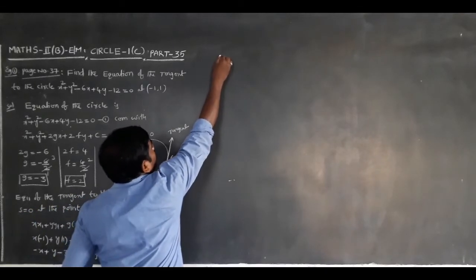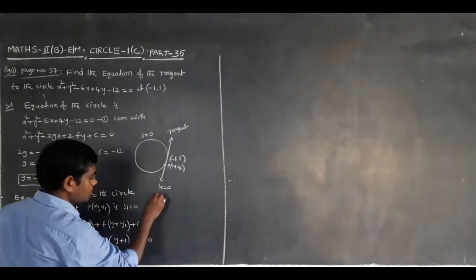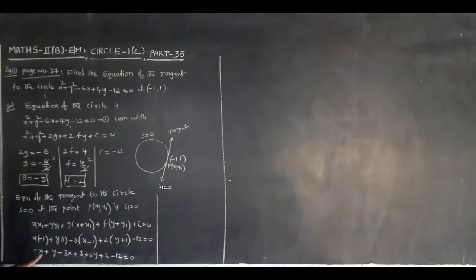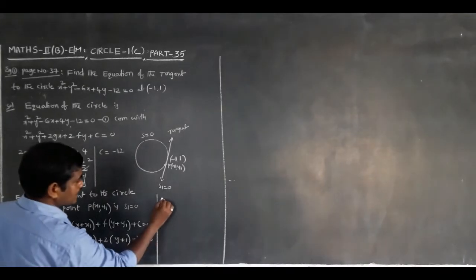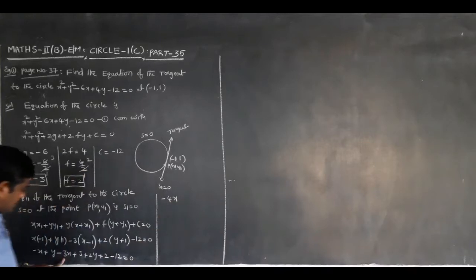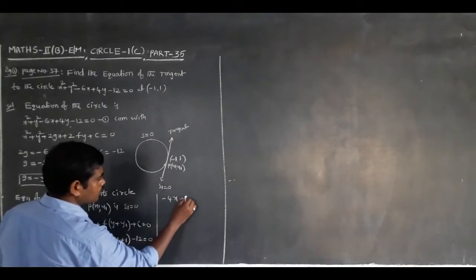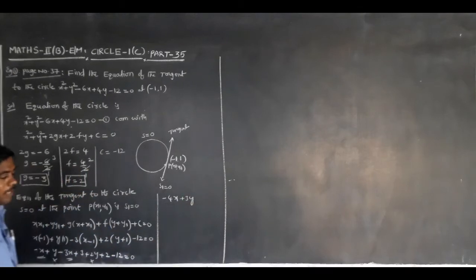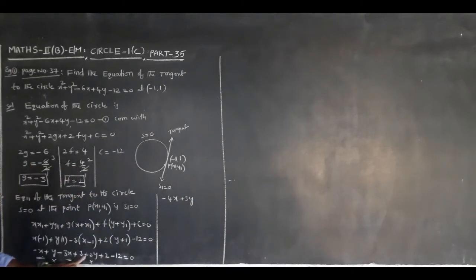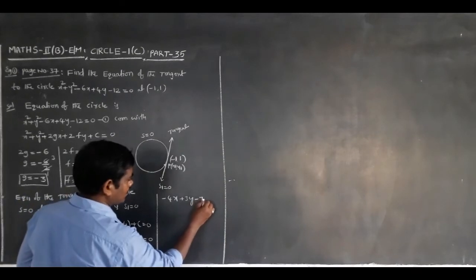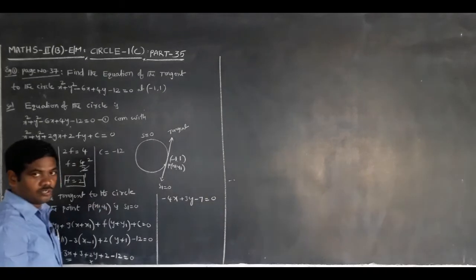Minus 4x plus 3y plus 5 minus 12, which is minus 7, is equal to 0.